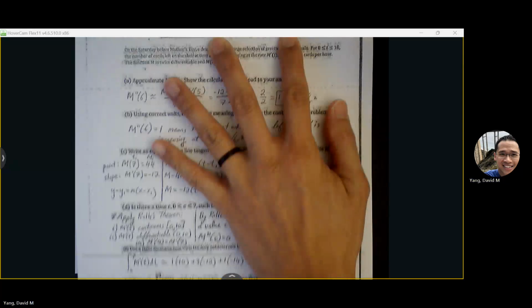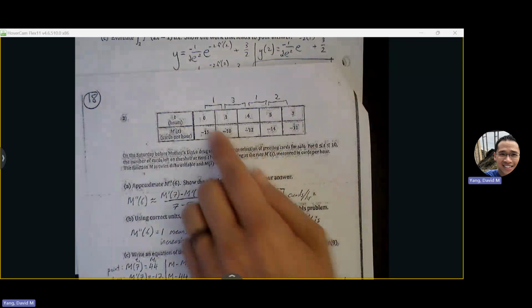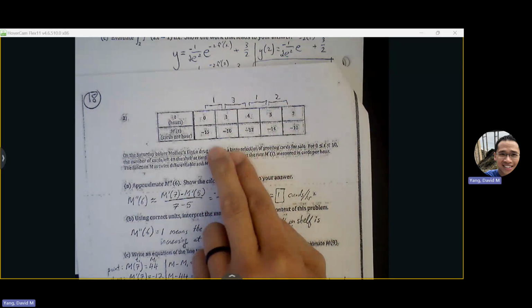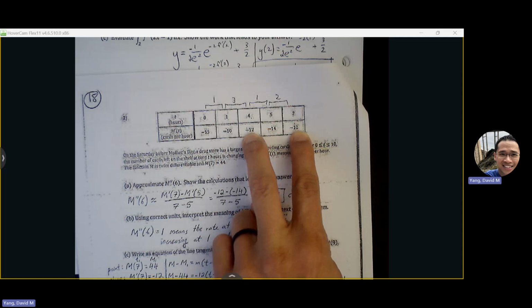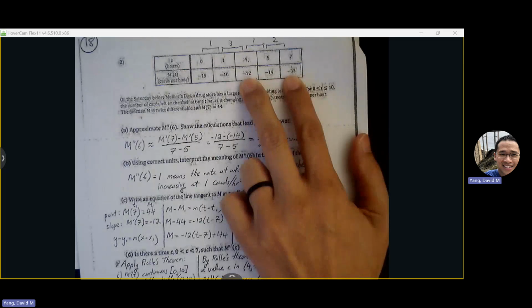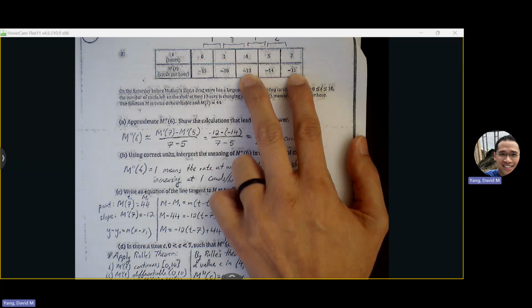So we know m double prime is essentially referring to the slope of m prime. So if I can find 2 points where m prime has the same y value, then in order for me to get from this point to this point, the graph has to either go up and come down or go down and come up. And in that motion, it's going to have to experience a slope of 0.